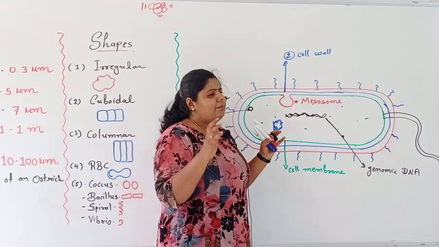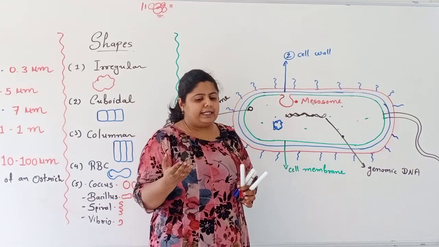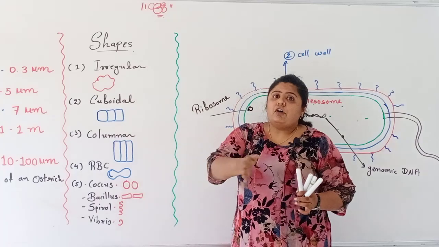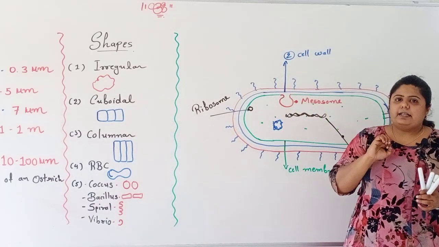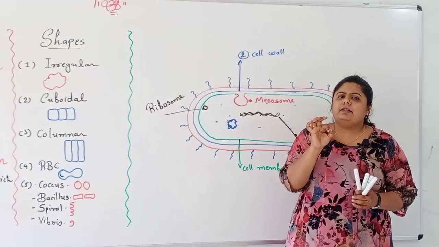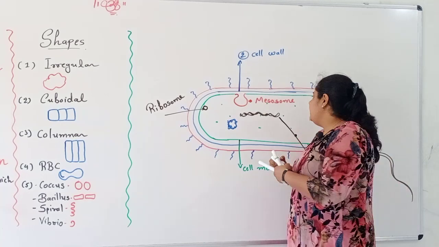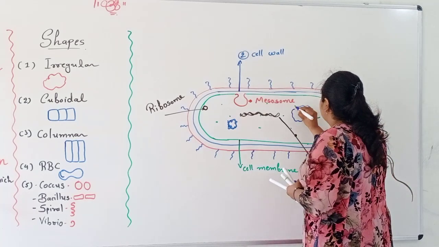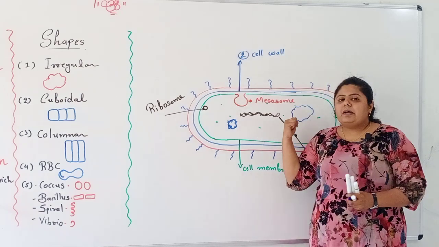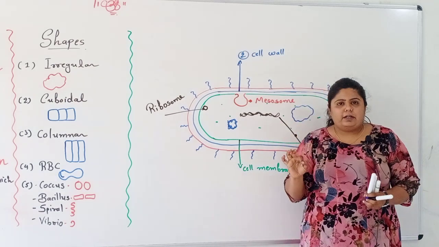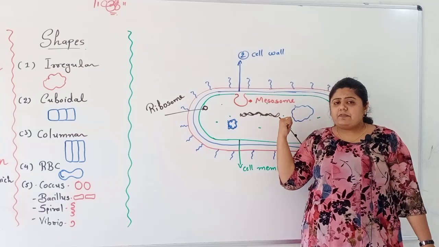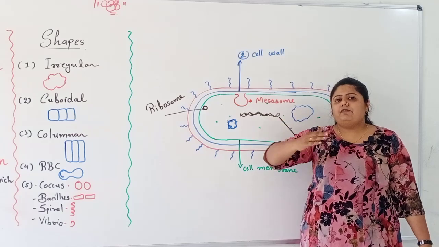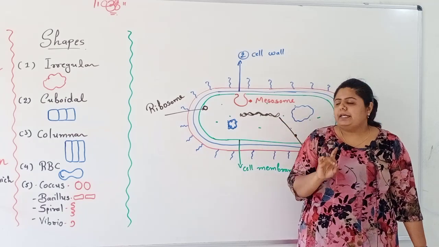Besides this, some bacteria that can float on the surface of water contain a special gaseous chamber, a special organelle like gas vacuole. This vacuole is only permeable to gas, not to water. So due to this gas vacuole, bacteria can easily float on the surface of water.